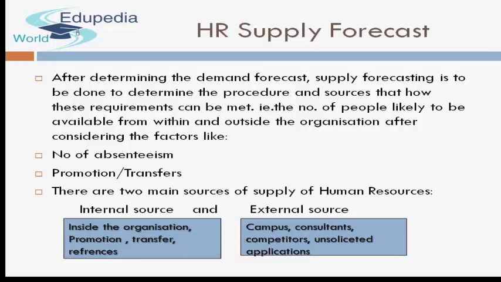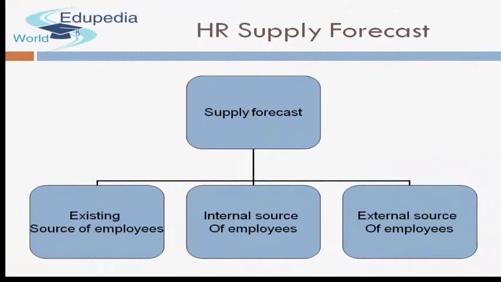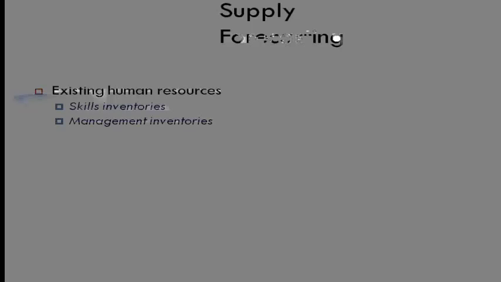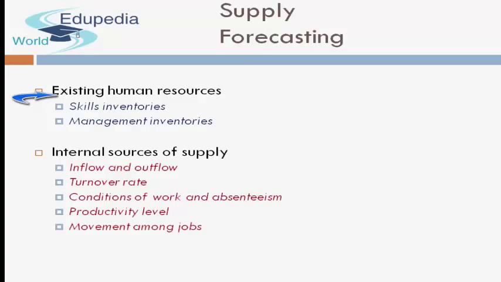So this HR supply forecast has to meet the demand forecast, and that is very important, so that in the coming times, when you need a particular type of employee, your database is already ready for where to pick them up. Supply forecasting, as I have already mentioned, covers existing sources of employees, internal sources, and external sources. Existing human resource means skill inventories and management inventories.